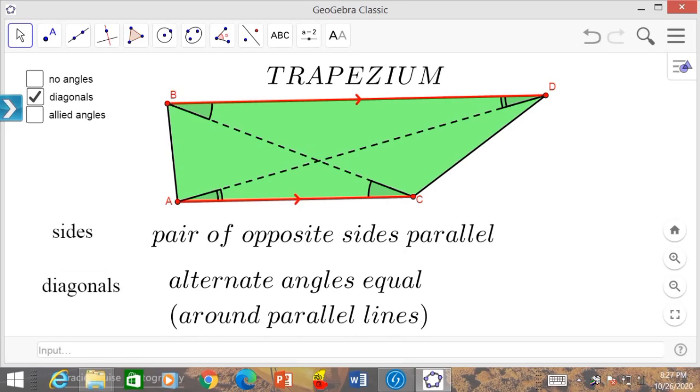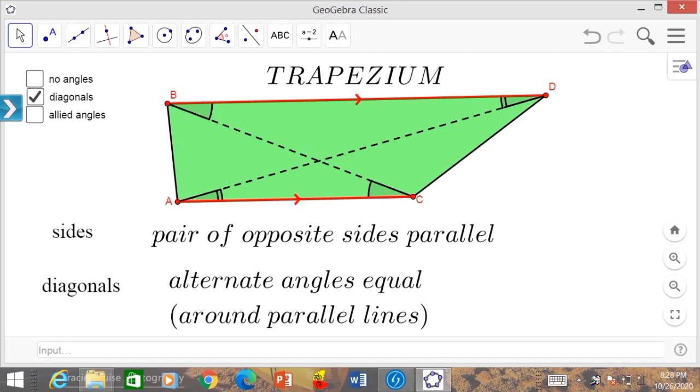Now look at the alternate angles. Alternate angles come in the Z shape. Now here BD and AC are parallel lines, and the alternate angles are around them.